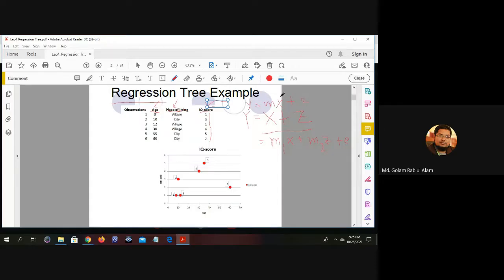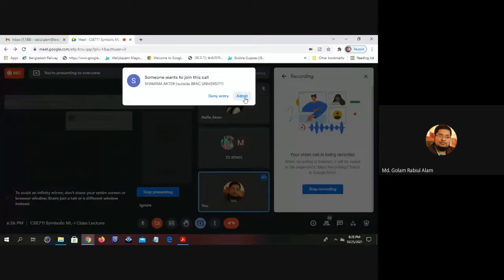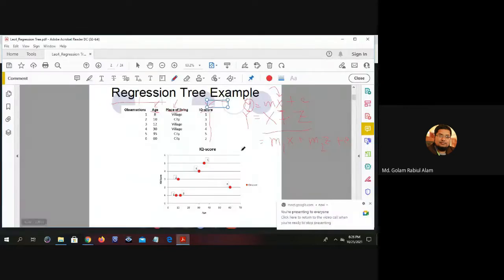In this case, x is called the independent variable, and y is the dependent variable. Same thing here. In our case we have two variables, age and place of living, and we want to determine the IQ score, or find the relationship between age and place of living with the IQ score.